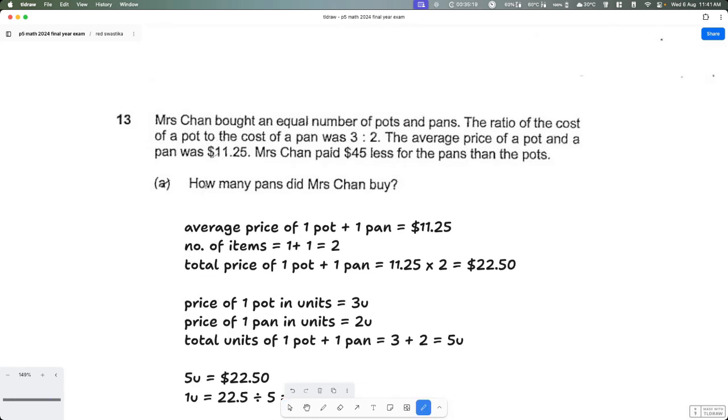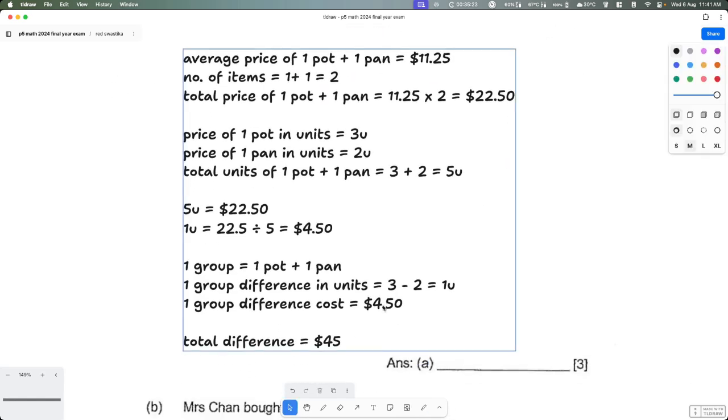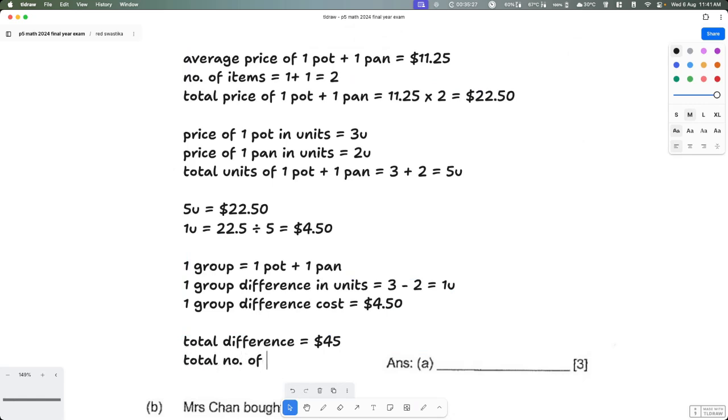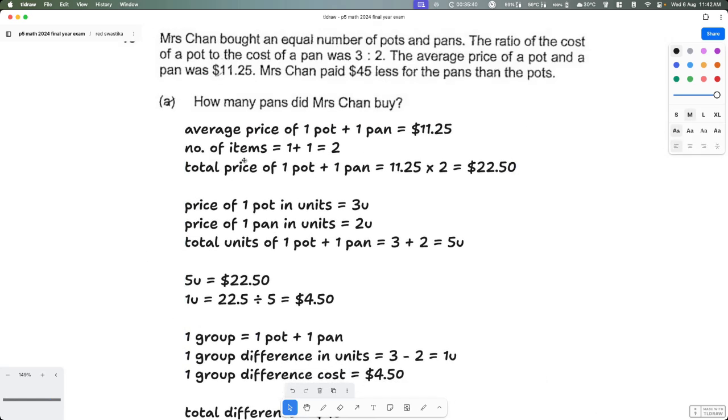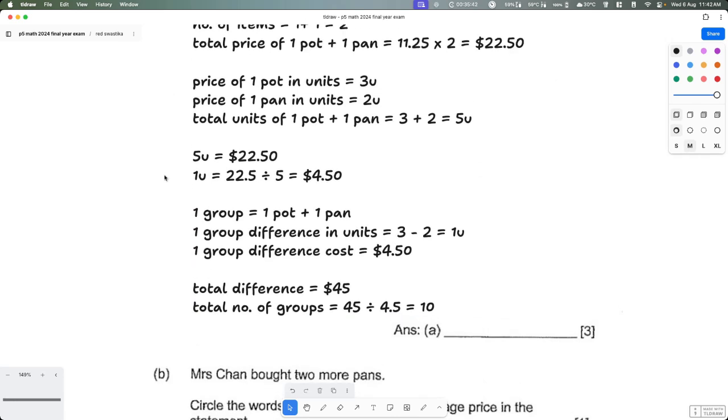Over here it says Mrs. Chan paid $45 less for the pans than the pots. So the total number of groups is $45 divided by 4.5. This will give us 10. So in total we have 10 groups.